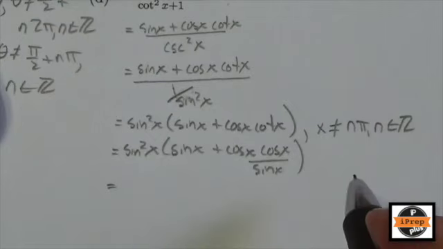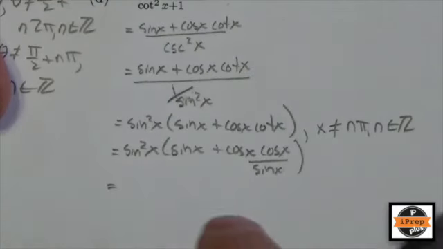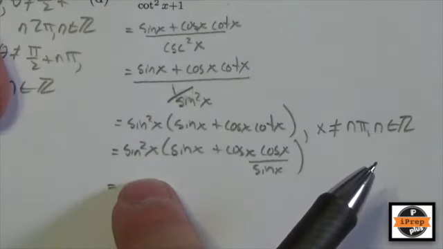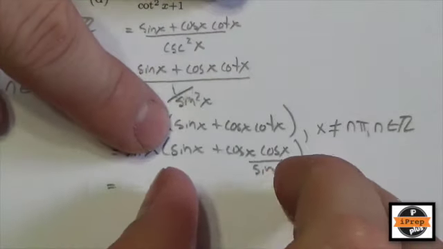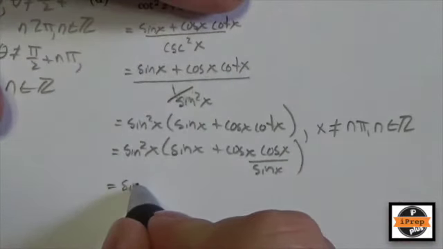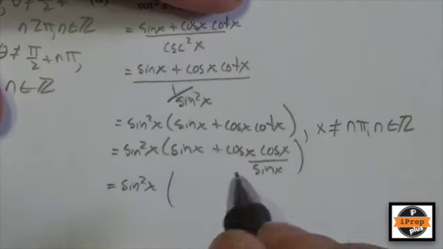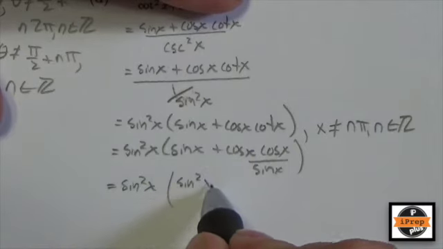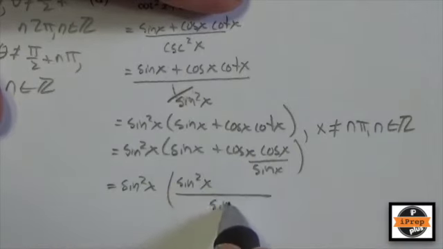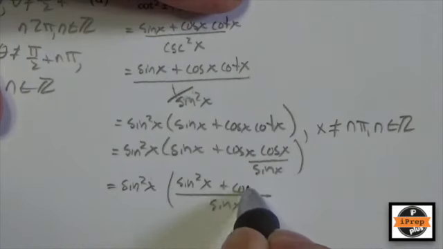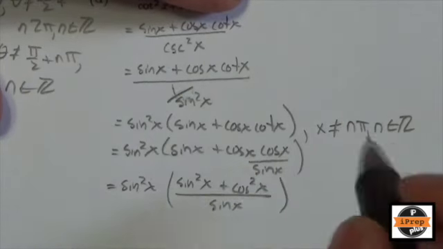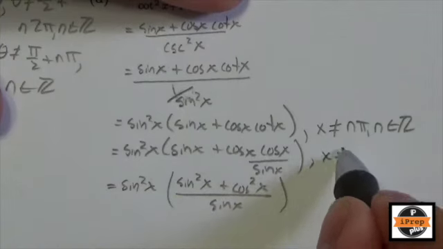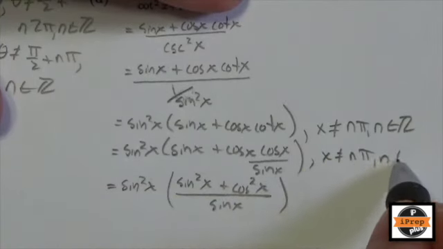Okay. Now, at this point, I could add these two fractions together. And so this is going to get me sine squared of x. And what's nice is this becomes the sine squared of x over the sine of x plus the cosine squared of x. I'm sorry, I have said before that you need to keep writing this and then I stopped doing it.